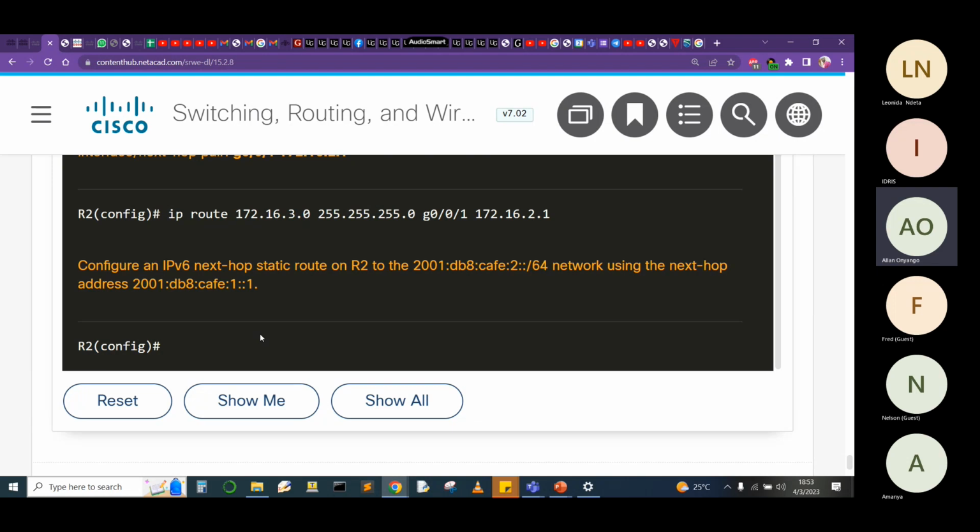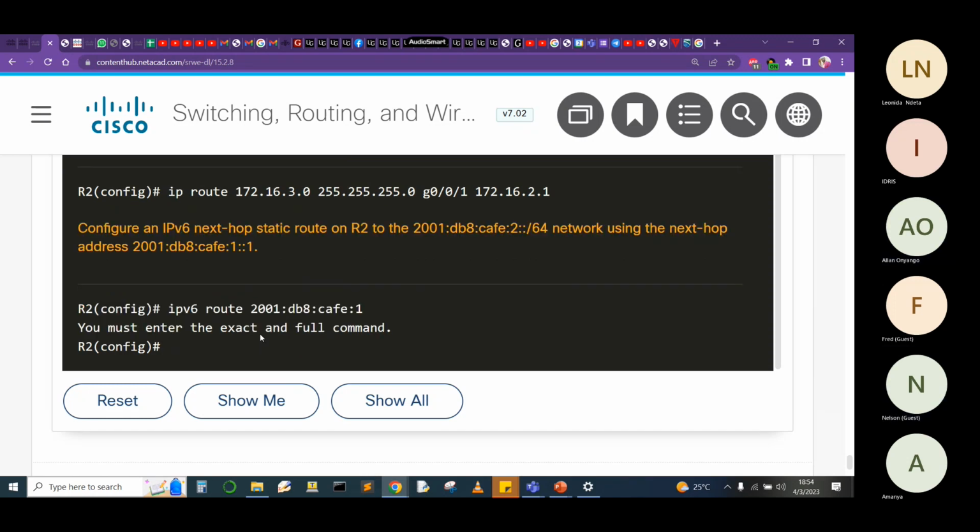Okay, so let me just start it again. IPv6 route 2001:db8:cafe:2::/64.